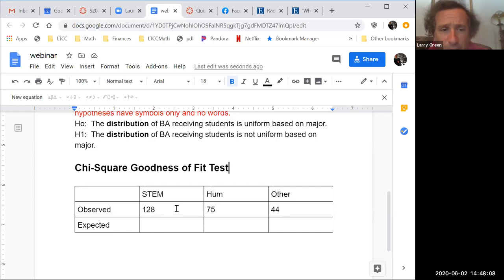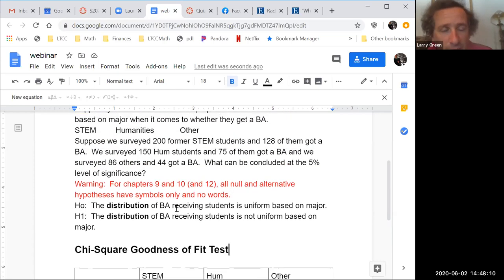Okay, now we're going to go for expected. Notice, by the way, let's look at this. Our total sample size is 200 plus 128, that's 328, plus 150, that's 478. So I'm just going to write that somewhere. So that's 478.